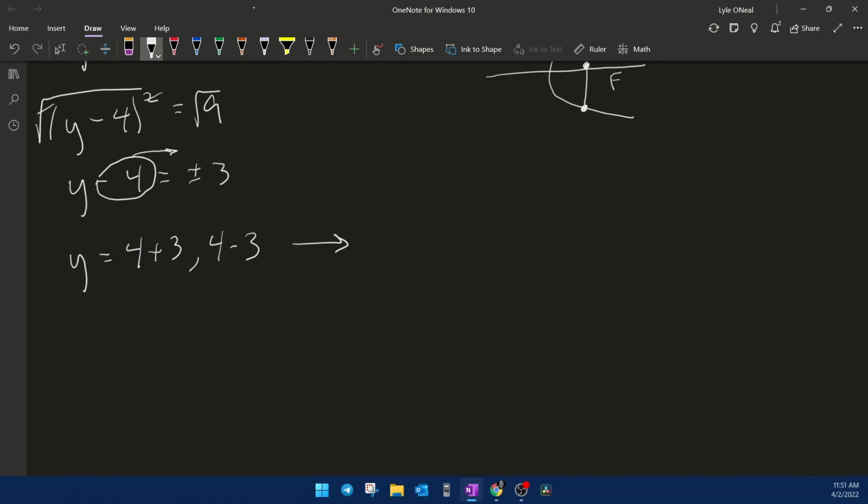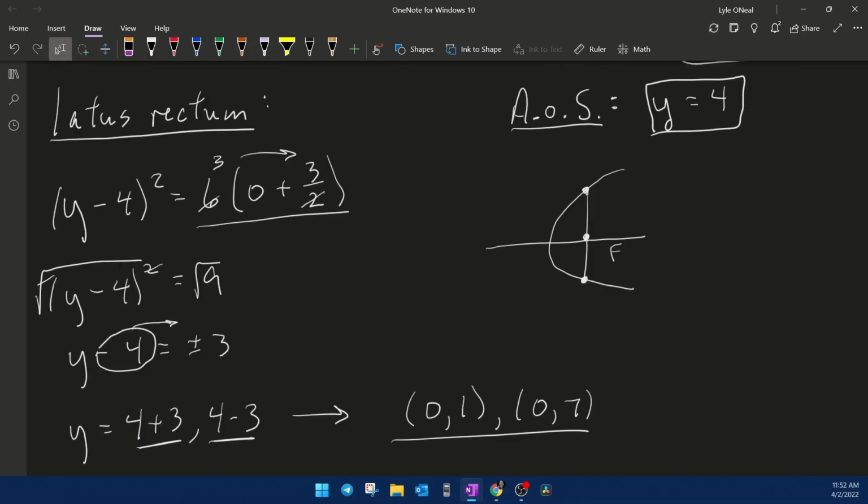And so then we can determine the endpoints of the latus rectum. Remember, the x coordinate was 0, so that's going to be at 0, 1, doing this arithmetic, and at 0, 7. And I think what I'd like to do is go to DESMOS and verify all of this information.